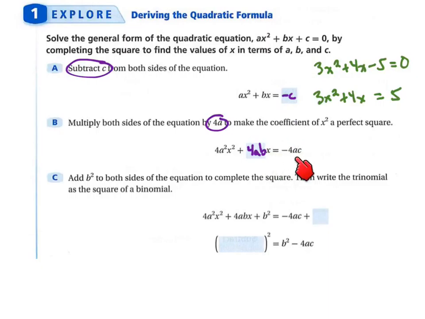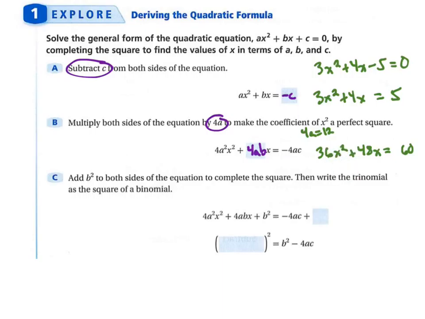And I'll turn negative c into negative 4ac. Now, for my green one, 4a is going to be 12, right? Because a is 3, so 4 times 3 is 12. So I'm going to multiply each term by 12, and I'll get 36x squared plus 48x equals 60. Now look, that 36x squared, now it's a perfect square.